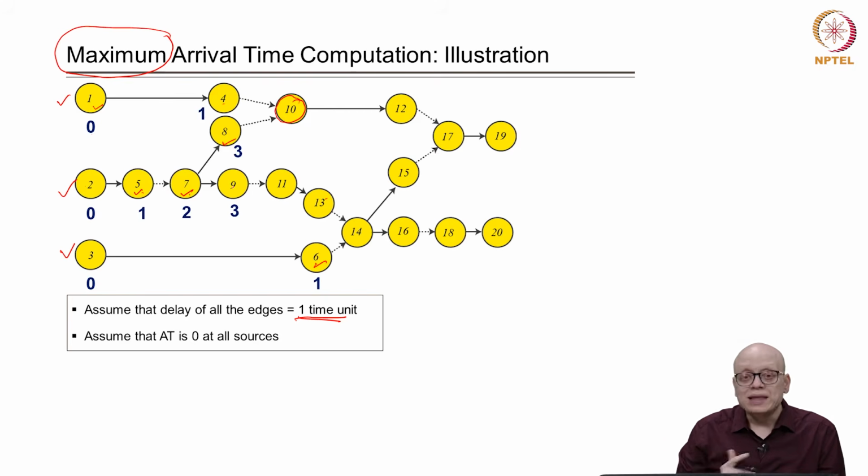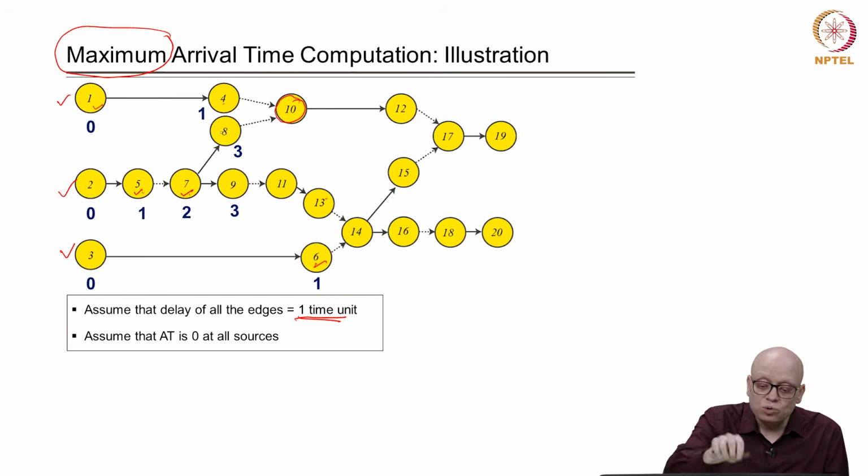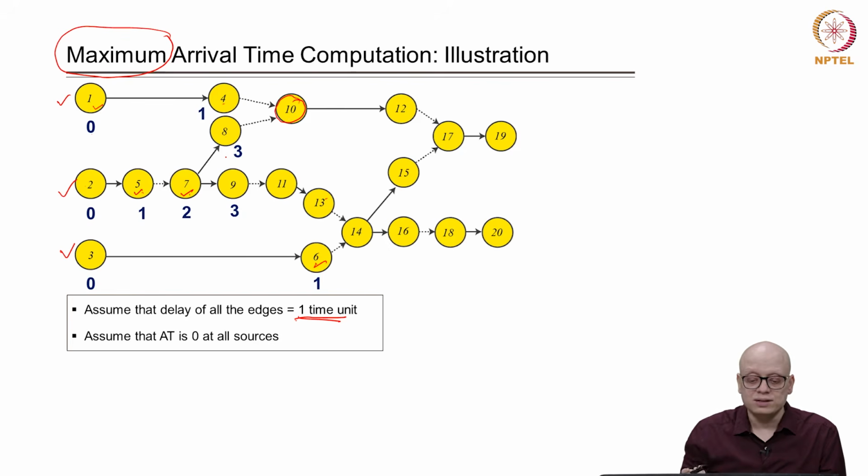Next, we know the arrival time for both the incoming edges of vertex 10, from 4 and 8, and therefore we can compute it. Similarly for vertex 11, we can simply compute 3 plus 1 is 4.